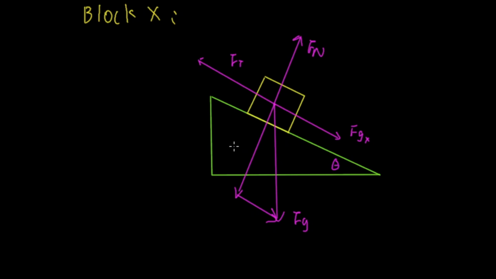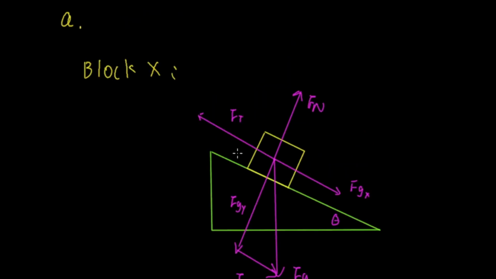So this one here is Fg sub y, and this one here is Fg sub x. Now, this is the force of gravity in the x direction, which is parallel to this component here. And of course, the normal force and the force of gravity in the y direction will cancel out.